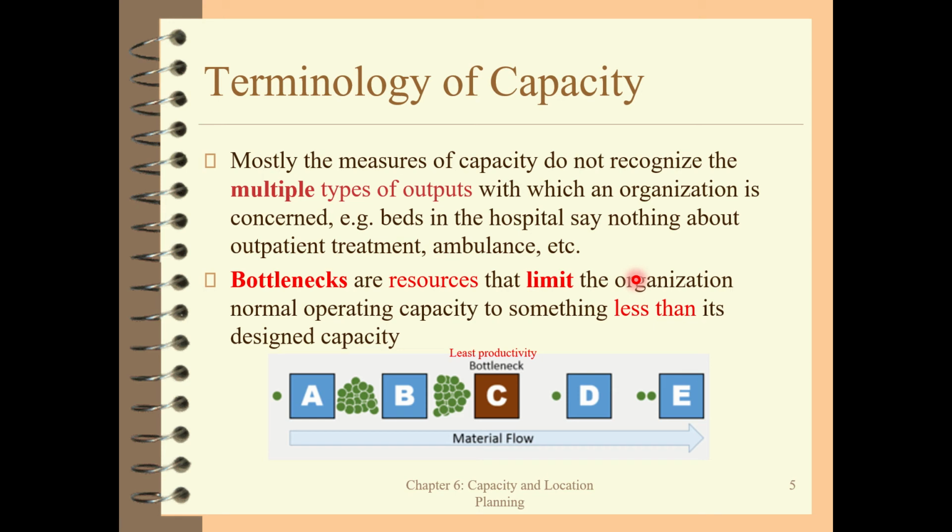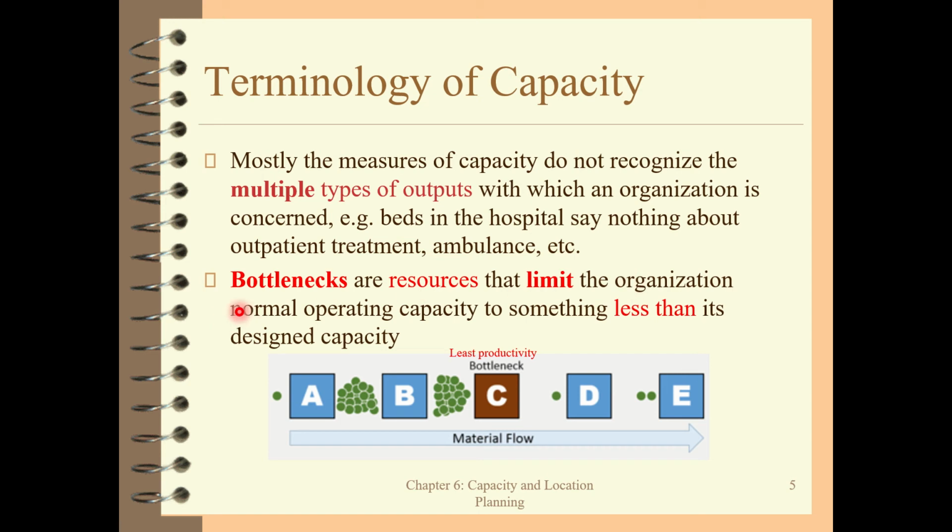In a hospital, they may have many resources that are used, like the number of beds, the number of ambulances, the number of parking spaces, the number of doctors and nurses, things like that. That is the resources that are used in one organization, or in a hospital. And one of them could be the bottleneck.